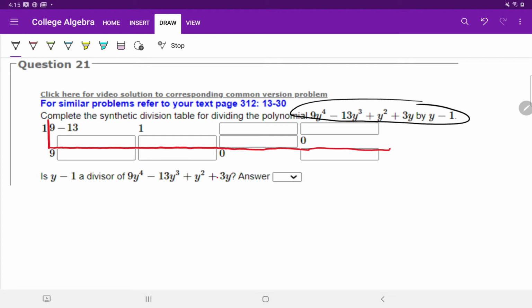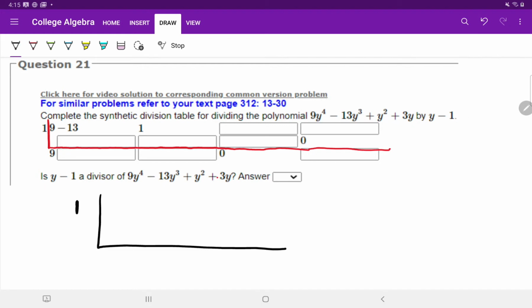So here's how we set it up. We look at what we're dividing by, our divisor, and we flip the sign of the number. So instead of a -1, we're going to write a +1 on the outside. And then I'm going to draw my bracket, make it nice and big, and inside my bracket along the top row, we're going to list all of our coefficients.